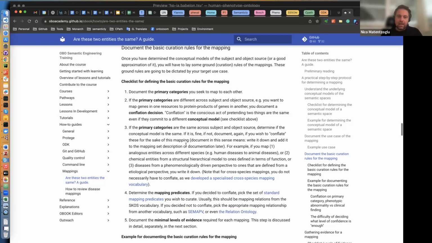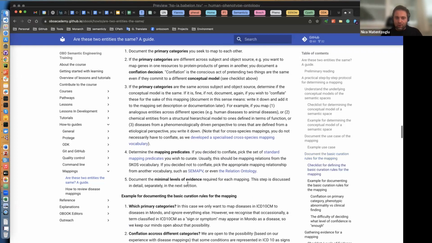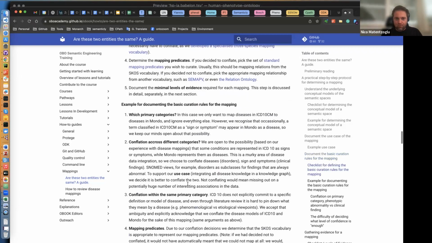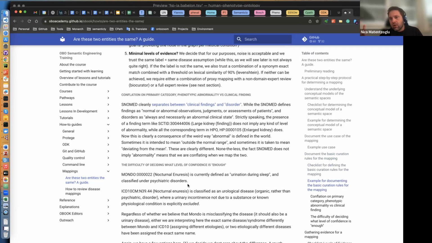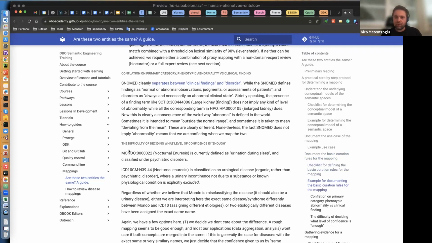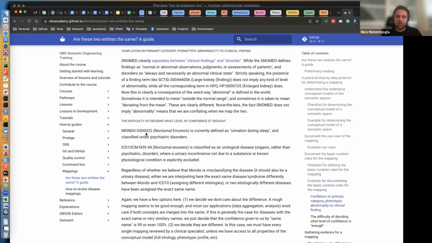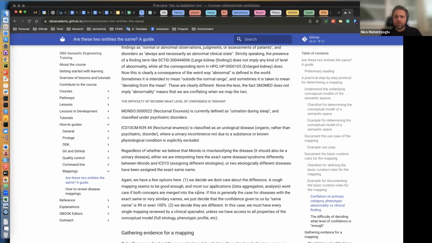But there are many examples where there are problems with that kind of approach. Here is an example, which may or may not be a problem. We don't, and this is what Chris is also warning of with analysis paralysis. We have a concept called nocturnal enuresis in Mondo, which is defined as urination during sleep. Let's not even discuss whether this is complete, incomplete, or missing some stuff. It doesn't matter.